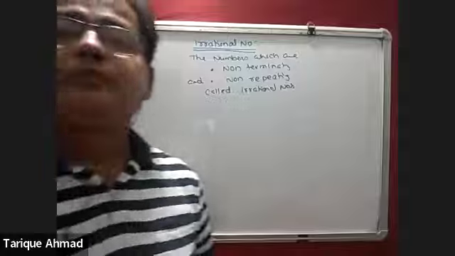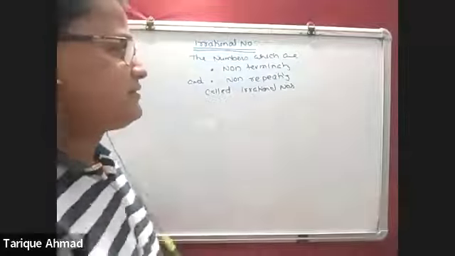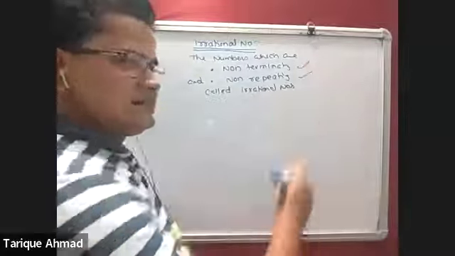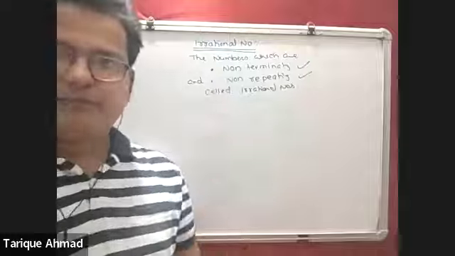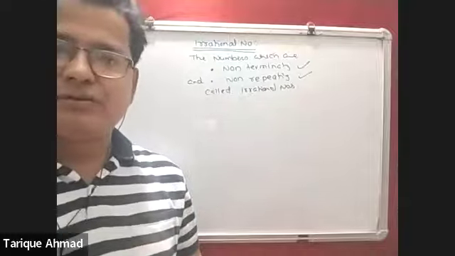This is the definition for irrational number. A number must satisfy both the conditions simultaneously. Failing in any one, the number is not irrational.